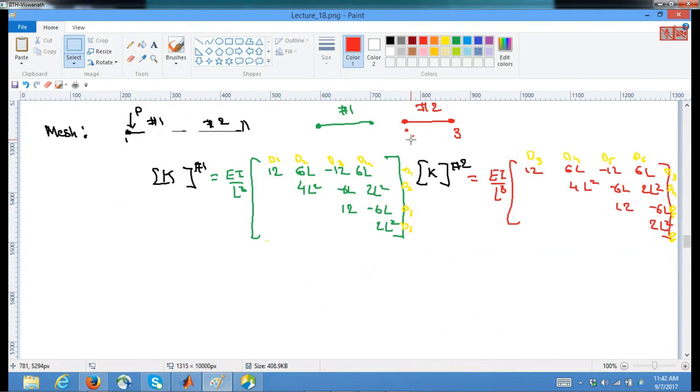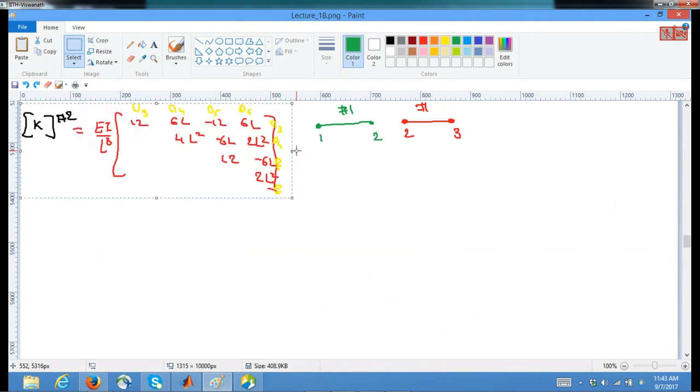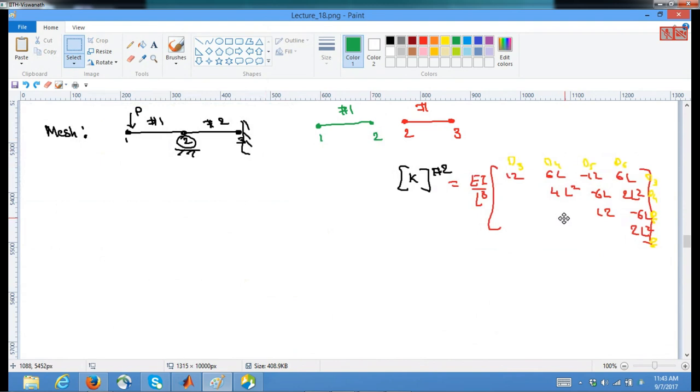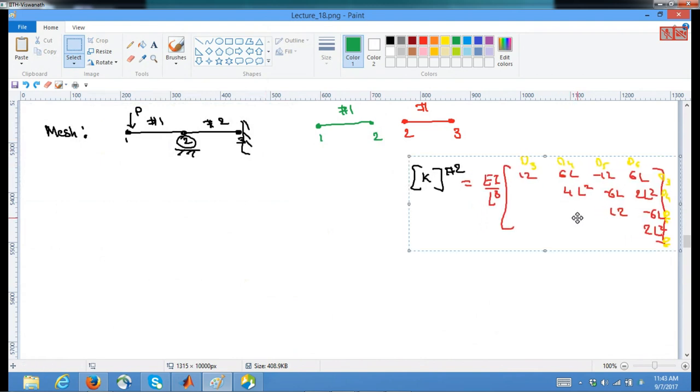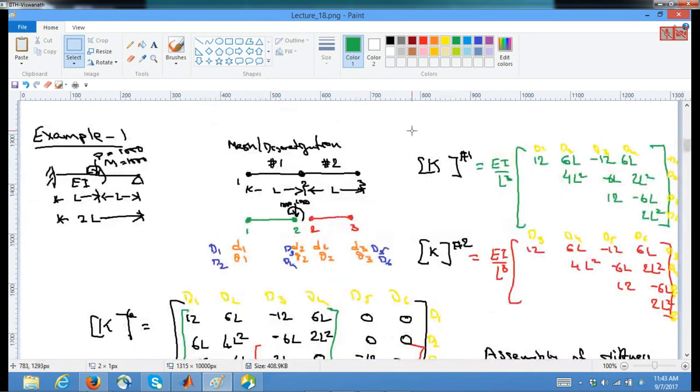So K for the element 1, this is for the element 2. So the same things remain true.